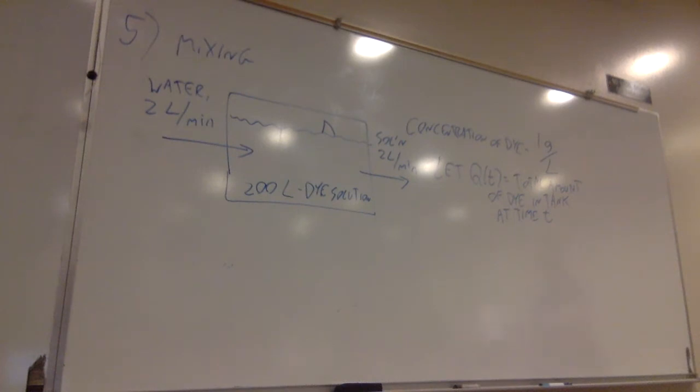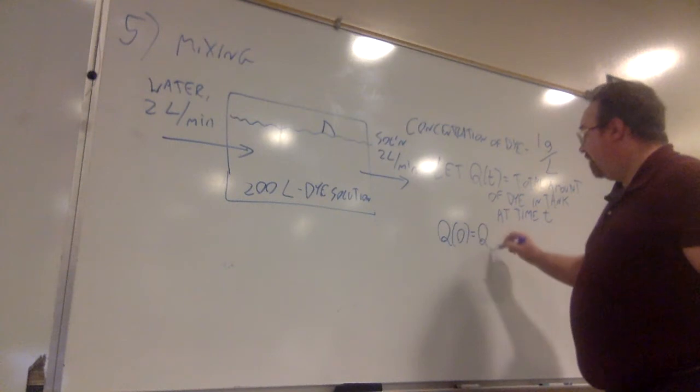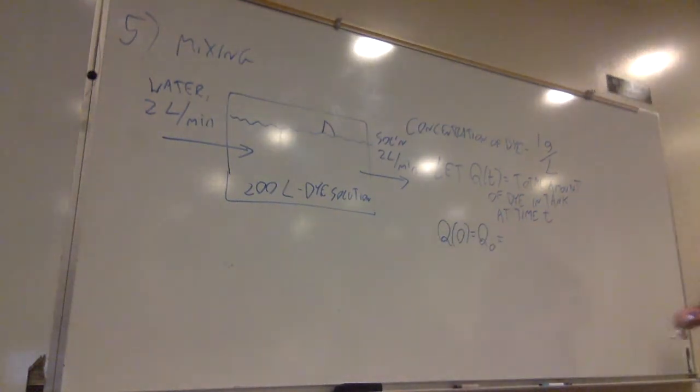We're going to come up with a differential equation that describes capital Q, how it changes over time. Now, Q of 0, our initial condition, would be the amount of dye in the tank right now before we begin flushing. And we can figure that out from the information that we have.